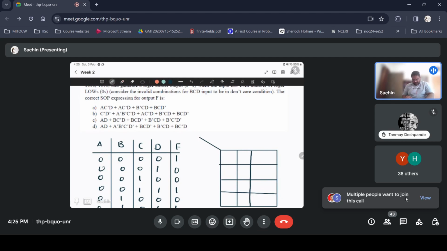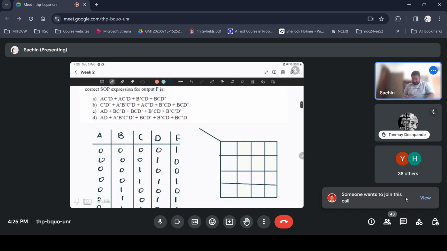The output will be a sum of products. So if we take AB here and CD here, A bar B bar, A bar B, AB, AB bar, C bar D bar, C bar D, CD, CD bar.